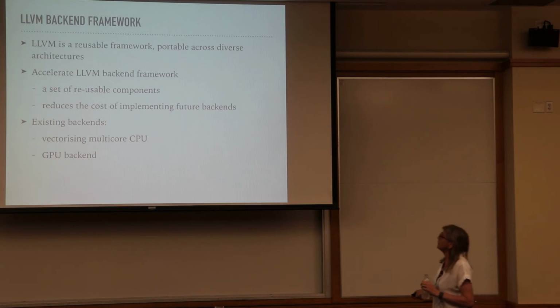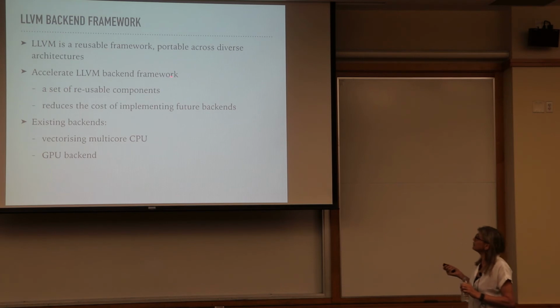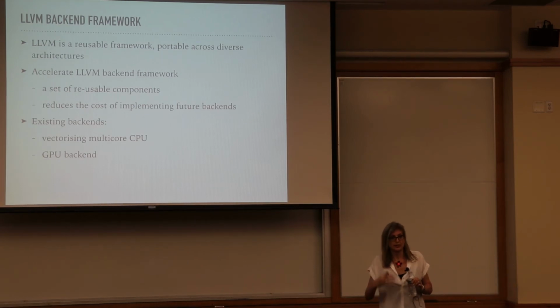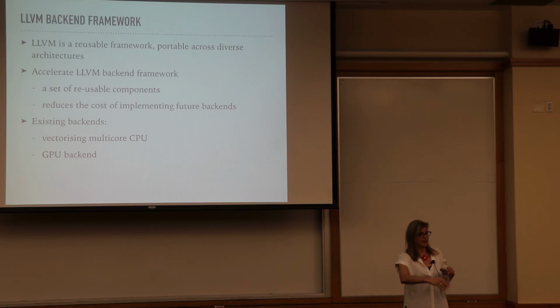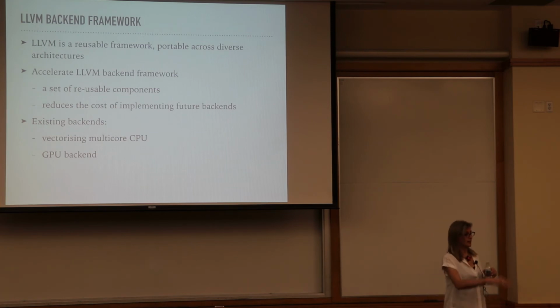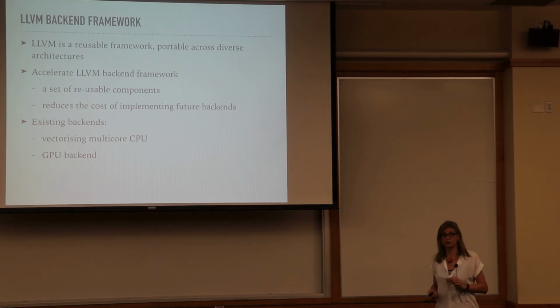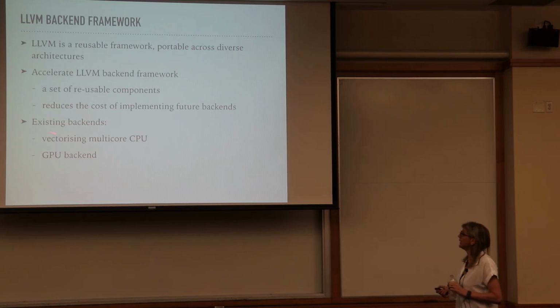So the LLVM backend framework: LLVM is a reusable framework, and with our LLVM backend framework we tried to keep the components reusable and specialize only as late in the framework structure as possible, so that a large part of that framework is reusable for other future backends.